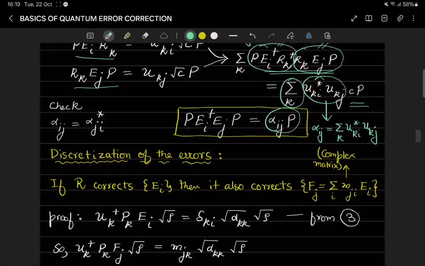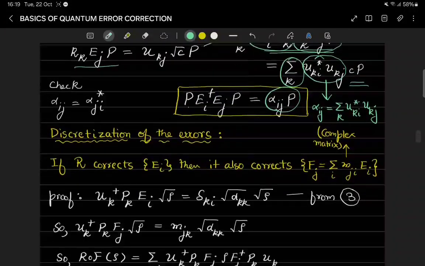Now we will talk about discretization of errors, which is one of the important concepts that says that if you have a syndrome and a recovery for a particular kind of error channel, a lot of different error channels can be used with the same syndrome and recovery. So that's the basic idea.